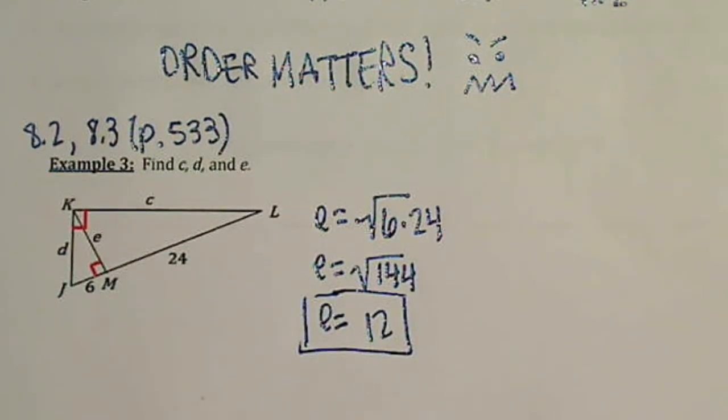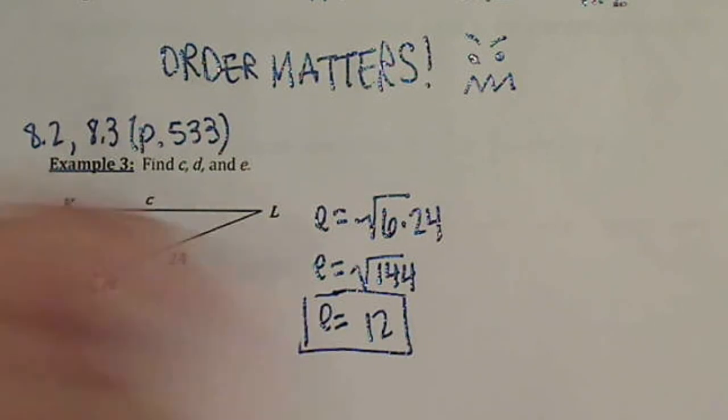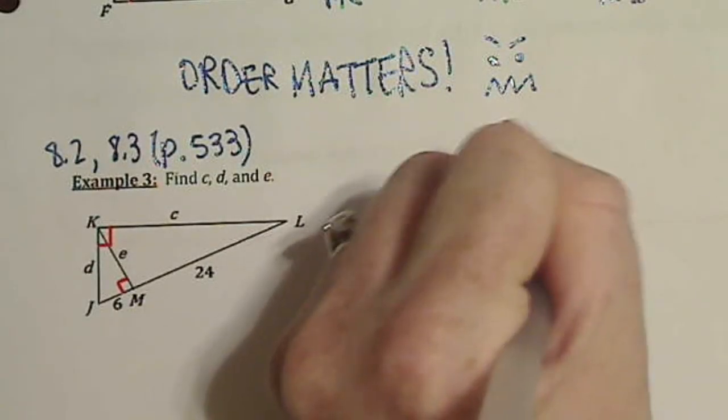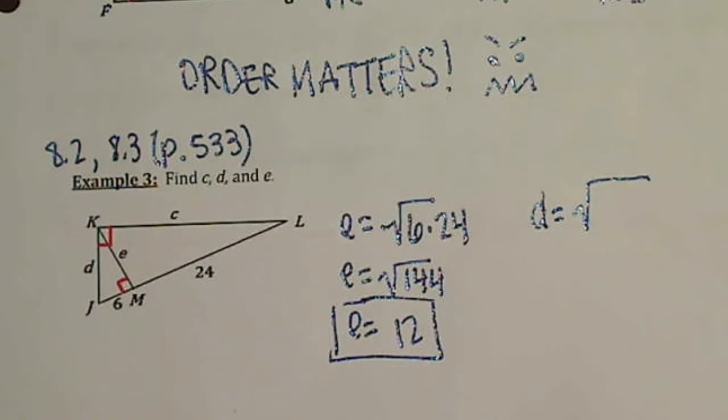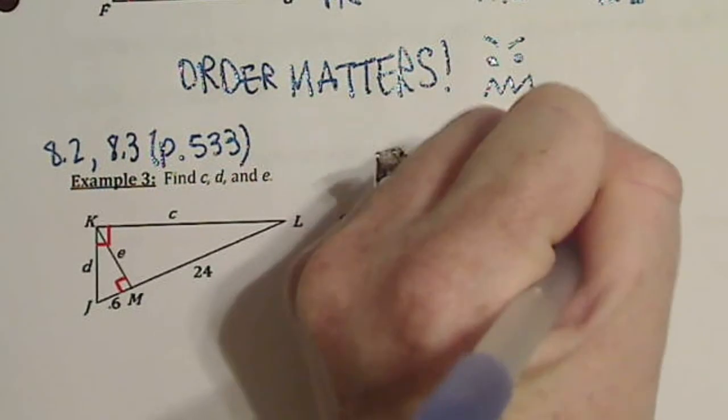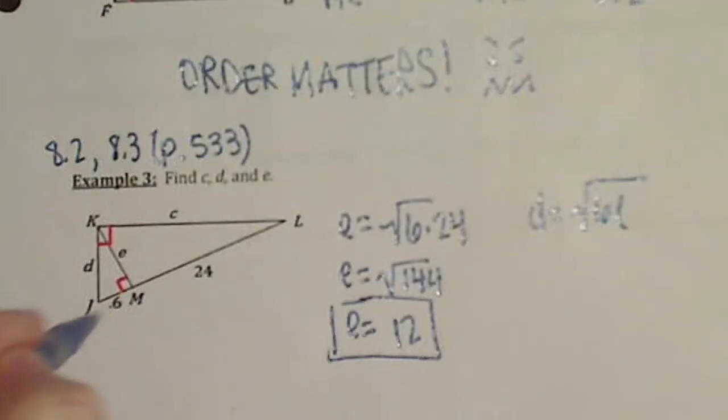Okay, the next easiest side is going to be this side right here, JK, side D. We're going to use Theorem 8.3 because this is a leg. And it says that it is the geometric mean of this piece right here, 6, and the whole length.